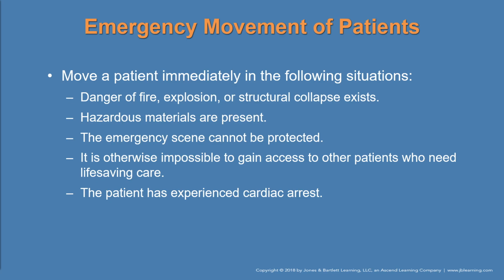And then finally, and this is probably the most common reason for emergent movement, or at least the sort of emergent movement that I've done most in my career, is a patient is experiencing a cardiac arrest and they need CPR, but they're wedged between the bathtub and the toilet. There's no way you're going to get 5 firefighters in a tiny bathroom and do effective CPR when the patient is on the floor, between the sink and the trash can.